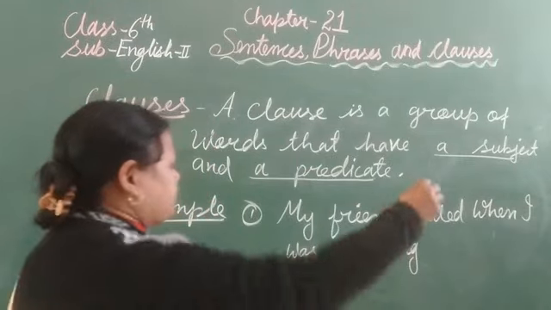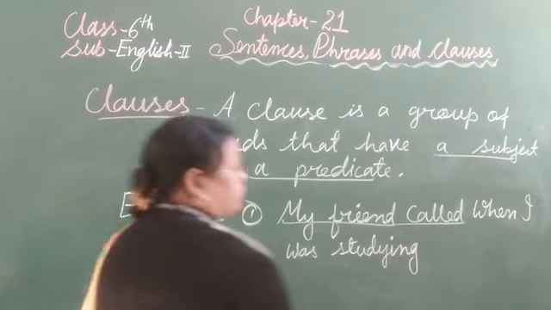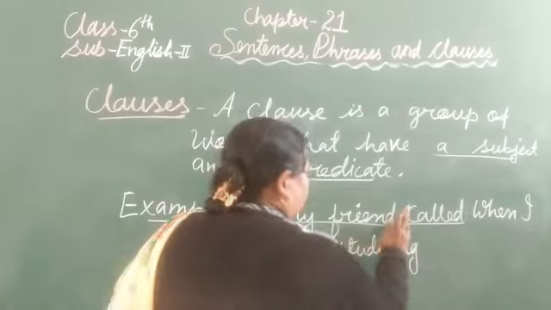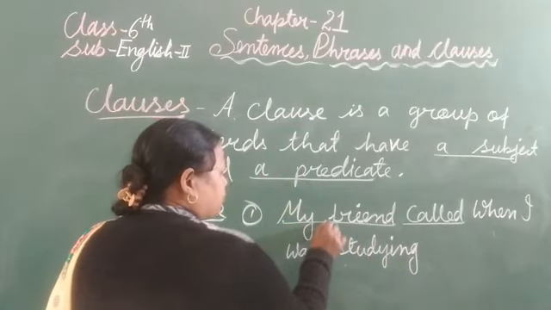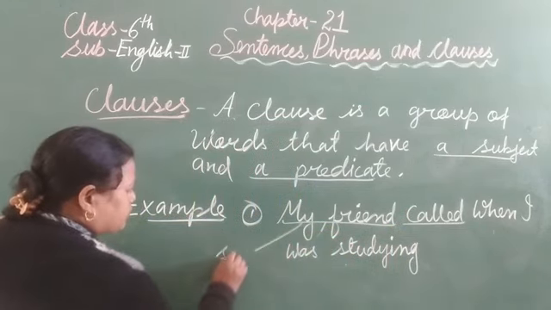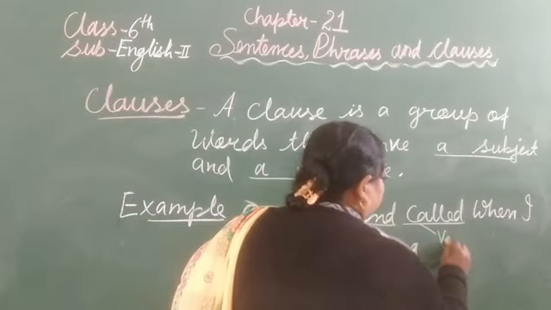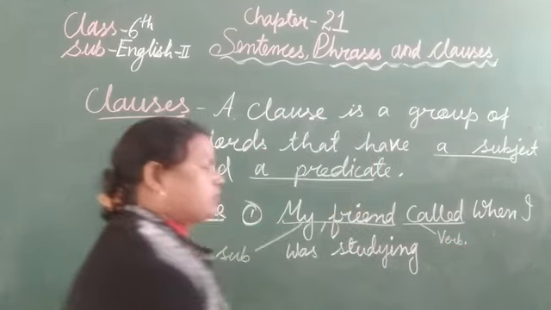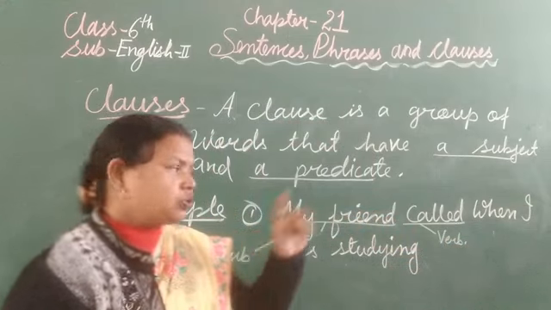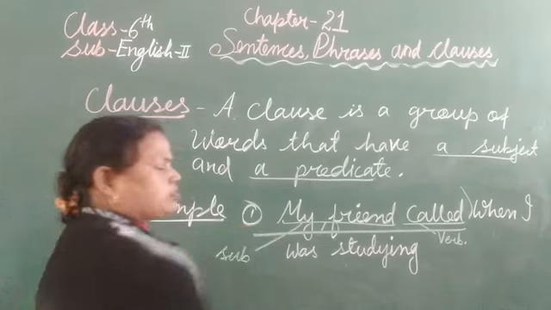See here, the words my friend called. In this part, my friend is a subject. I write here, it is subject, and called is a verb. It means if I say it is a subject part and verb, this is a predicate part. So from here to here, we can say it is one clause.